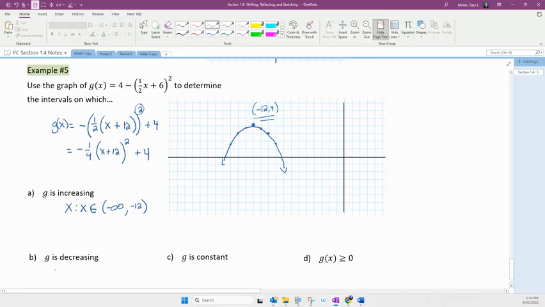It's going to decrease on all the x's from negative 12 to infinity. It is constant, never. And g of x is greater than or equal to 0. So what is that asking? That is saying, when is g of x bigger than 0? And that's going to be whenever it's positive.